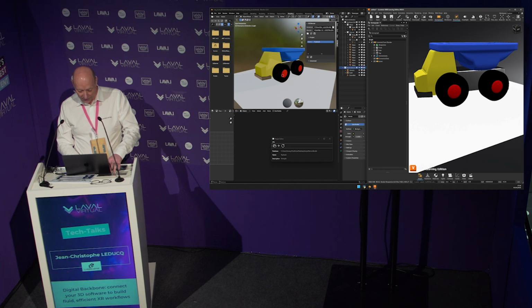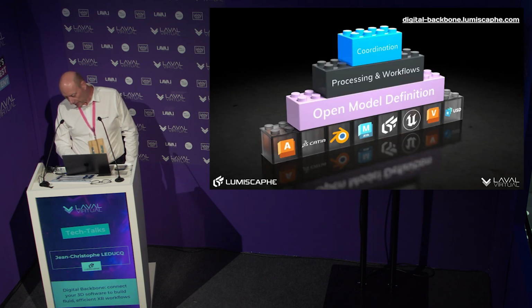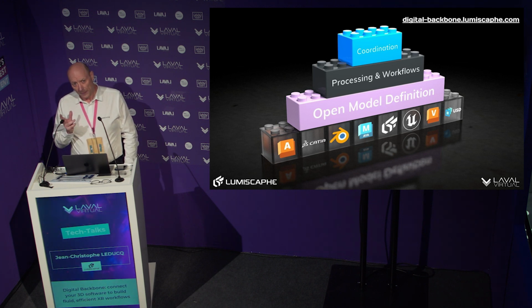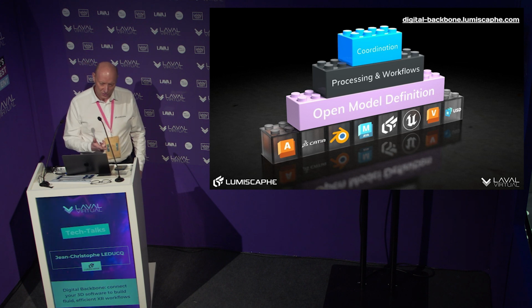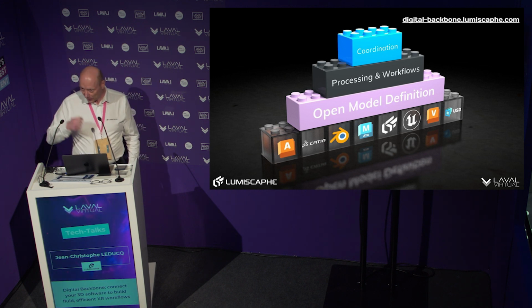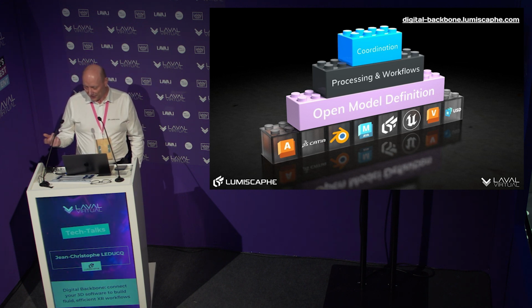If you write an exporter or importer, you may face the difficulty of synchronizing the work, because if someone changes the Blender model, what happens to the VRED model? Updating the VRED model is a very difficult task for the CG artist.